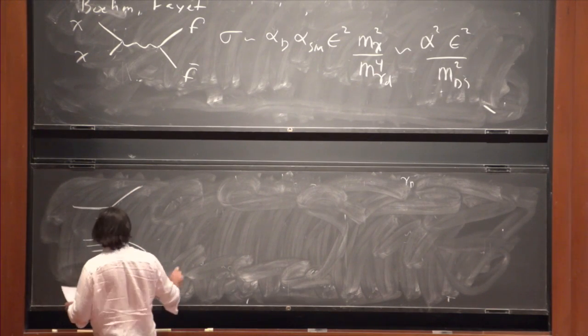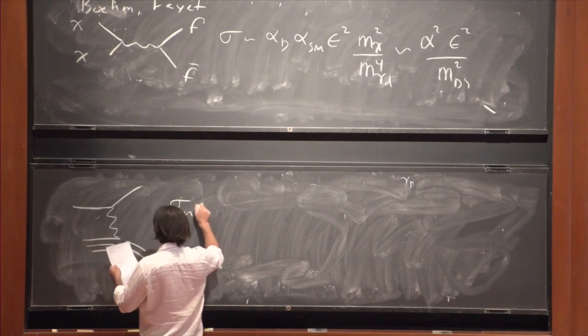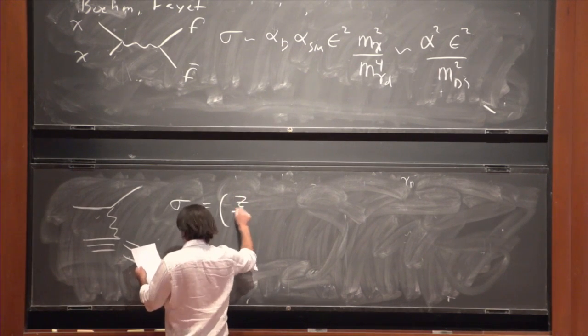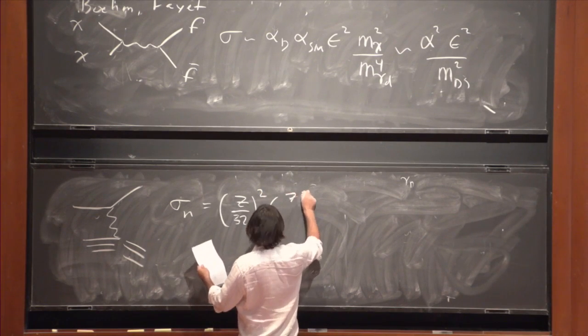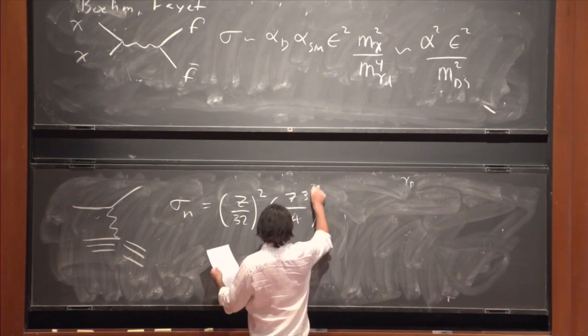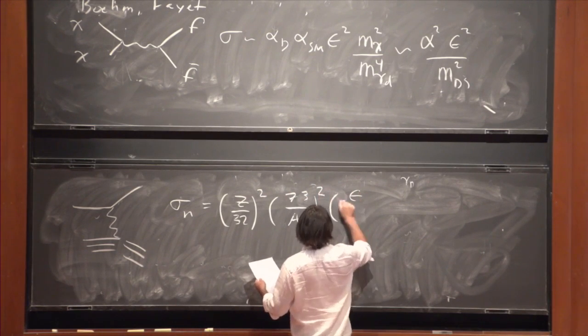You can calculate the cross-section per nucleon, and you can pick some characteristic numbers.